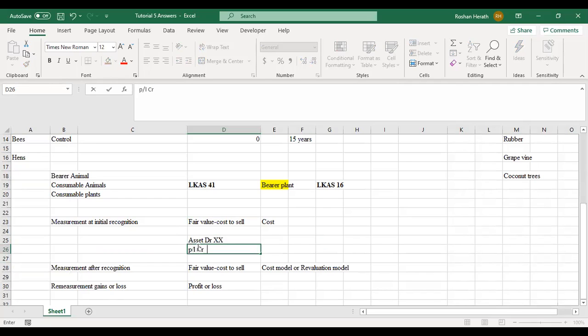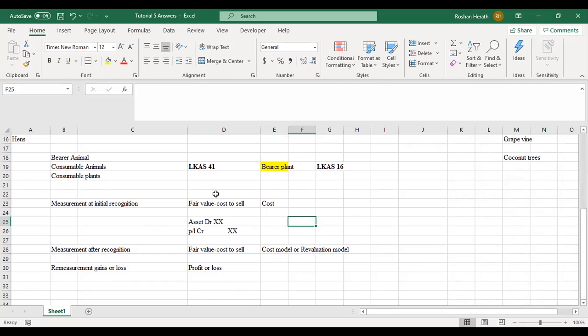So that is a consequence of measuring them at fair value. But in some instances, you might find that at the initial recognition, you may be incurring certain cost. Then in that instance also, you need to take that cost credit to the cash. Then still you need to look at what is the fair value less cost to sell and look at the difference and take that difference to the P&L. So we are going to work out some questions similar to that, but just to tell, right? So it's about the biological asset. So far I discussed the biological asset.